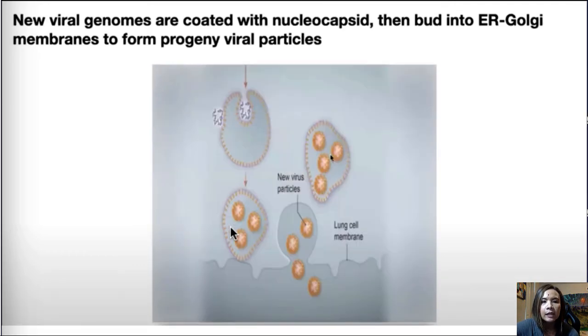Now, budding looks like this. It is pinched off the ER-Golgi intermediate complexes and would have a series of new virus particles transported through an exocytosis-like mechanism to the surface of the cell to be released to go to either infect other neighboring cells or be breathed out into the environment to infect a new host.